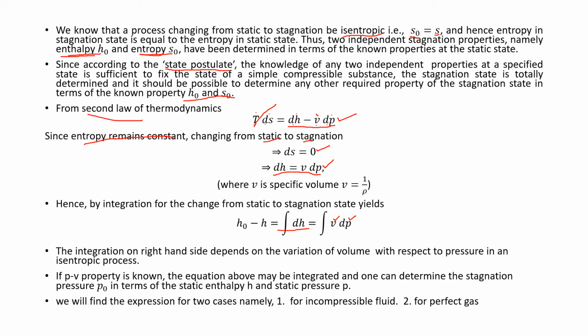If we know the relation between V and dP, then we can find the expression for H naught minus H. To find this relation, we are considering two cases: one is the incompressible fluid, and the second is the perfect gas. Now let's see the expression for the incompressible fluid.